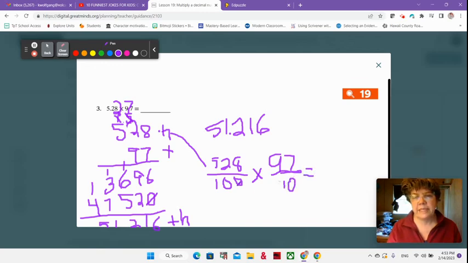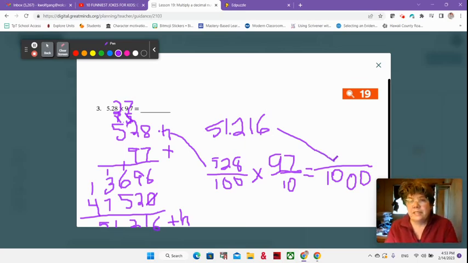Then I multiply tenths times hundredths and I get thousandths. And the same number that I have on the top. I'm just going to draw an arrow. 51,216 thousandths. All right, so that's how I can double check and make sure I got it right.